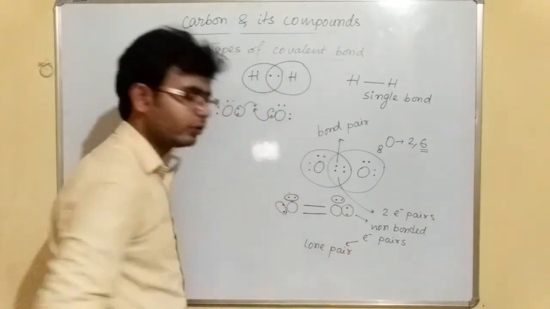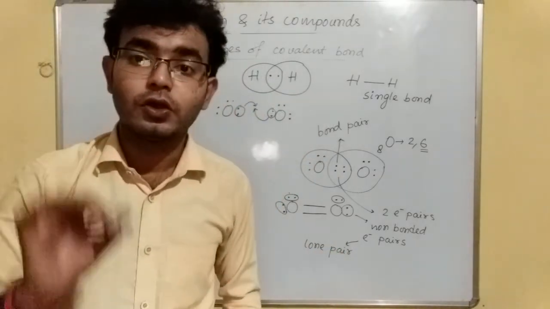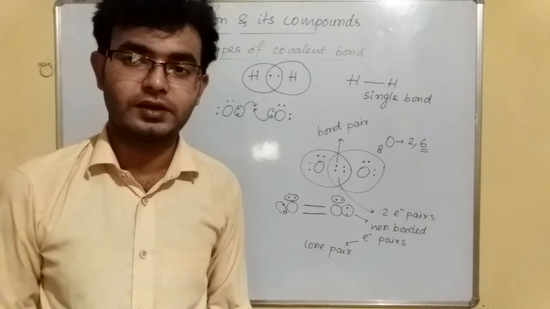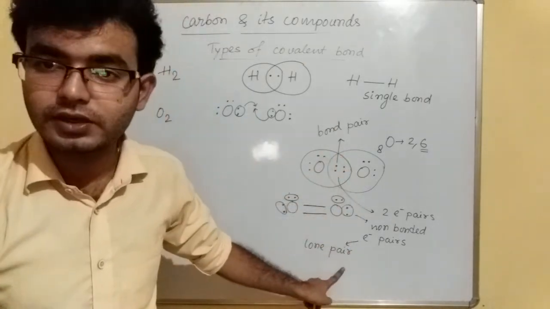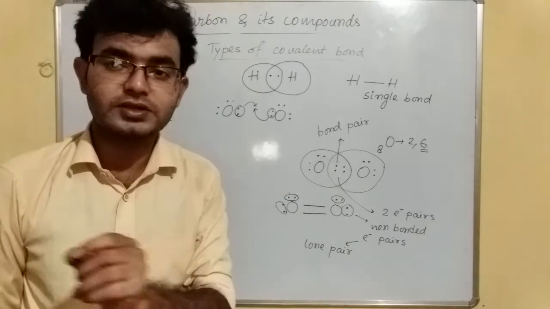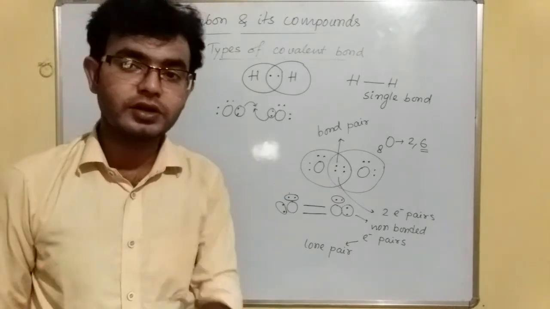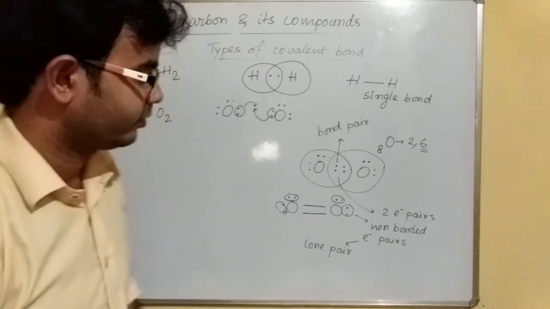Okay, non-bonded electron pairs are called lone pairs. क्लियर है? तो बॉन्ड पेयर समझ में आ गया, लोन पेयर समझ में आ गया. Bonded electron pairs are called bond pairs, non-bonded electron pairs are called lone pairs.